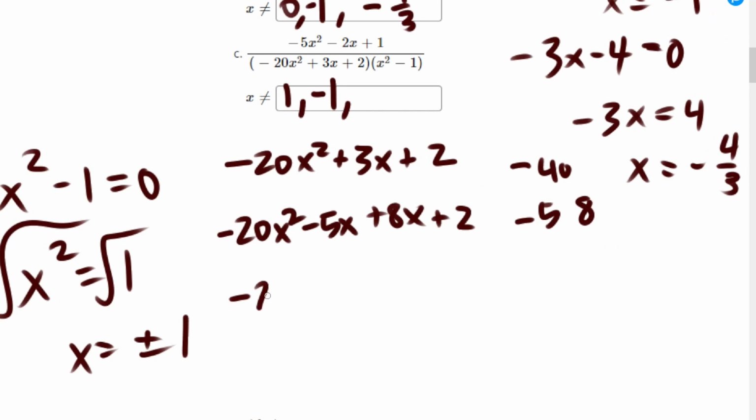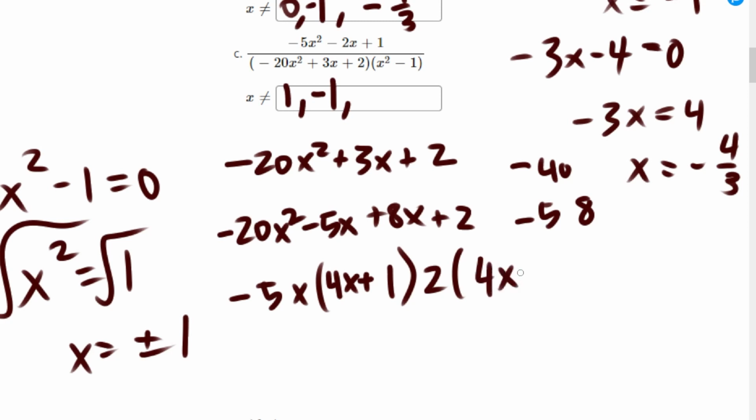So negative 5x times 4x plus 1, plus, and then we can take out a 2. So we can take out a 2 now, so 2 times 4x plus 1. That worked out super nicely for us.